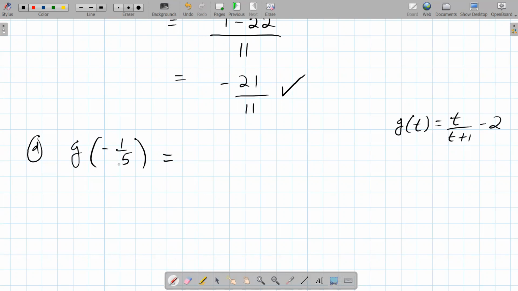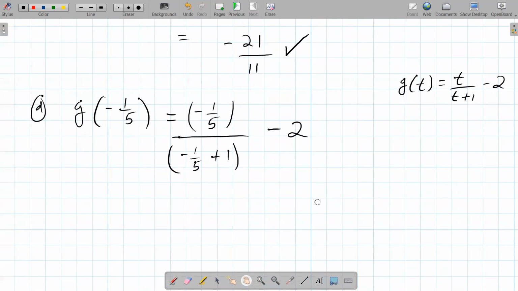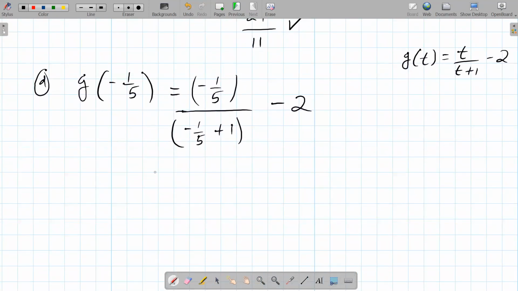And then -1/5 is replacing the T in all cases. So -1/5 divided by -1/5 plus 1, and then minus 2. So it's the same idea, same approach.